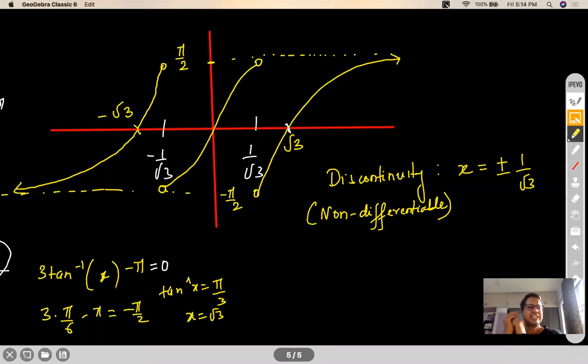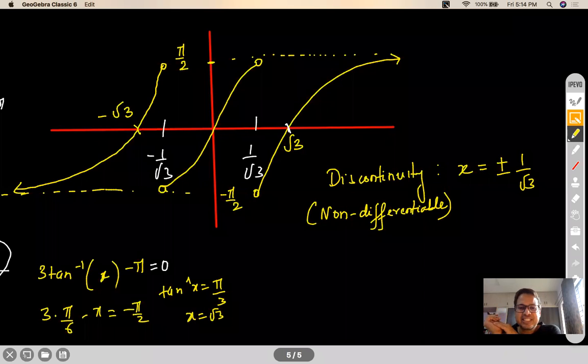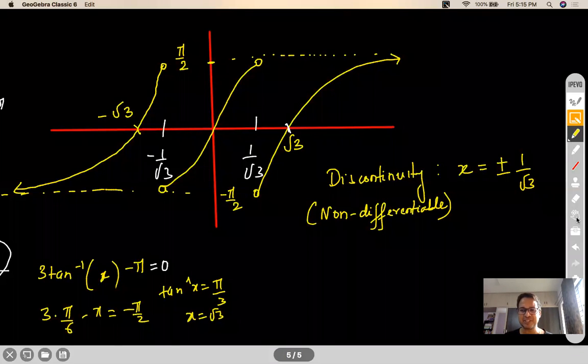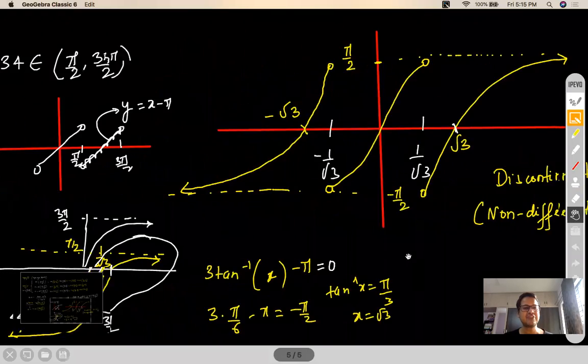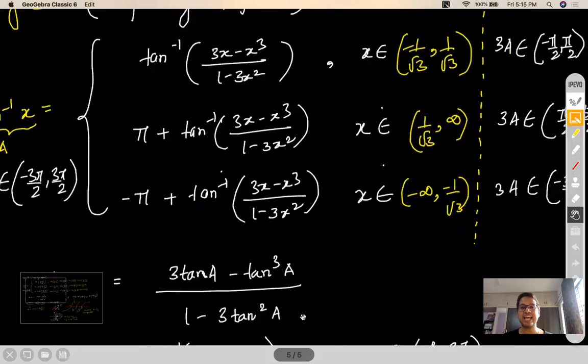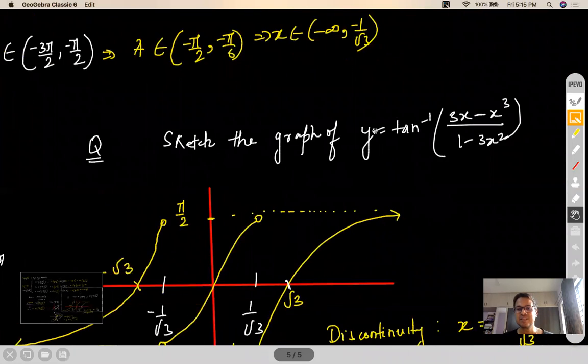Is there any point where the function is facing any kind of discontinuity or non-differentiability issue other than these two positions? I don't think so. Yes, all the other places it is working fine. Don't worry too much about it. We have a separate session on it. So this is the graph of tan inverse of 3x minus x cubed by 1 minus 3x squared.